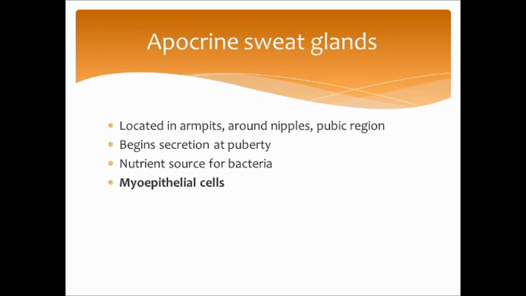This type of sweat is a nutrient source for bacteria. Remember, when we talked back about tissues, we said that apocrine sweat is more of your sweat that causes stains in your clothing and gives you more of a body odor. So that body odor is actually bacteria eating your sweat, and it's the breakdown of that sweat that's giving you that odor.